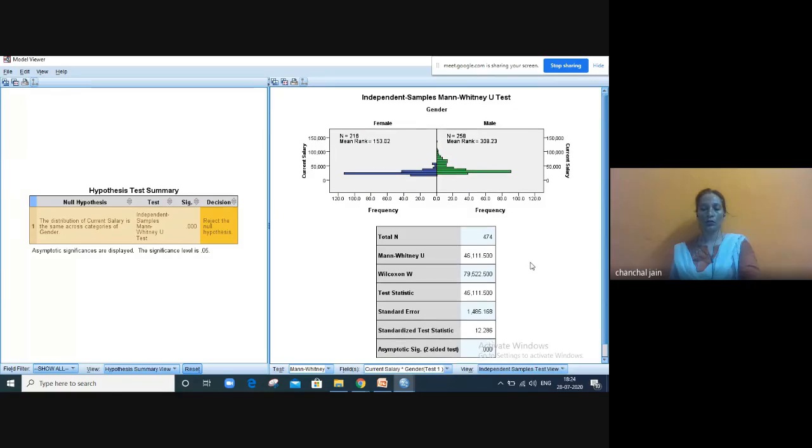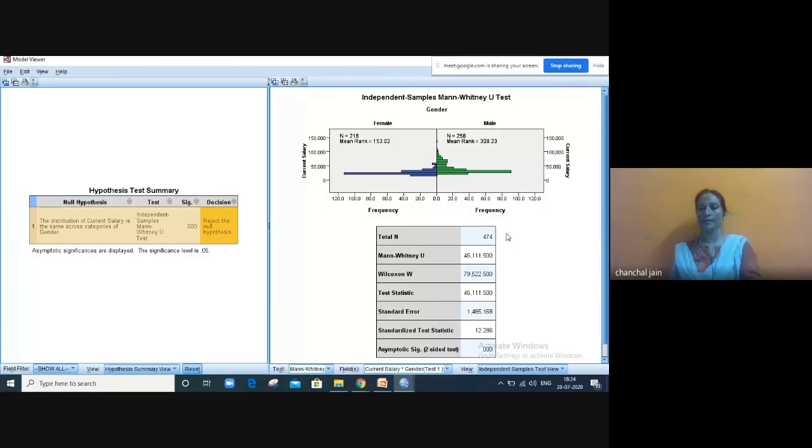One more thing: what statistics do you need to report when reporting the results? You need to give the Mann-Whitney U test value, then the standardized test statistic value, and also the asymptotic significance value, that is 0.000. This is only the p-value.